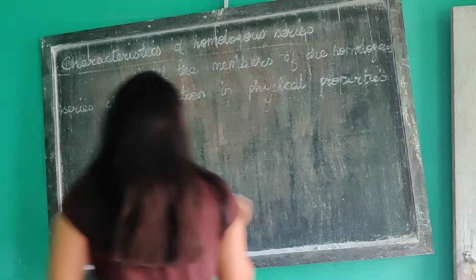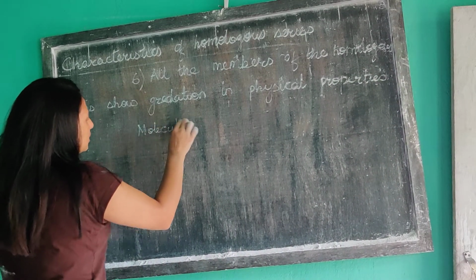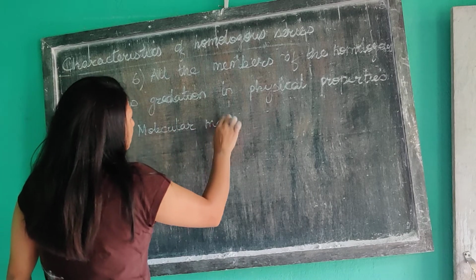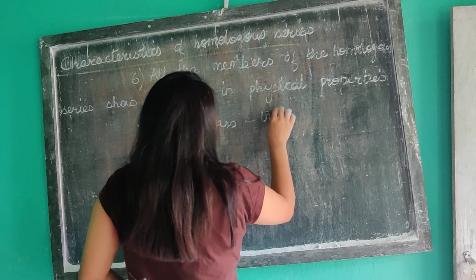So one physical property is molecular mass. As we move down the homologous series, the molecular mass increases.